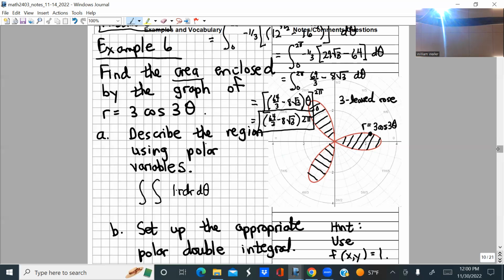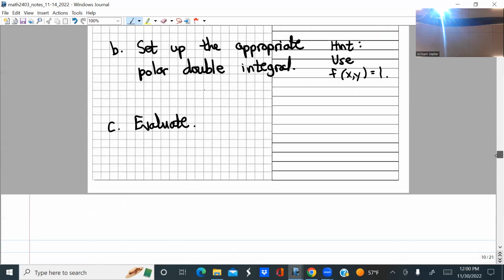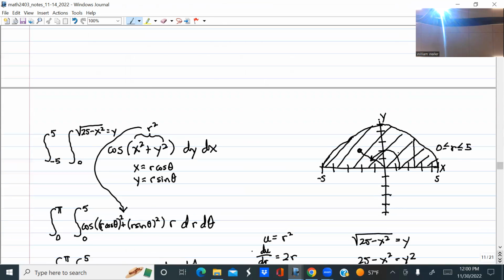Same thing that we did a moment ago when we were doing this problem. A point on this circle, its radius value is exactly what? 5, right? But we were interested in points inside of the circle, correct? So we set up this inequality, taking the radius value less than or equal to 5.